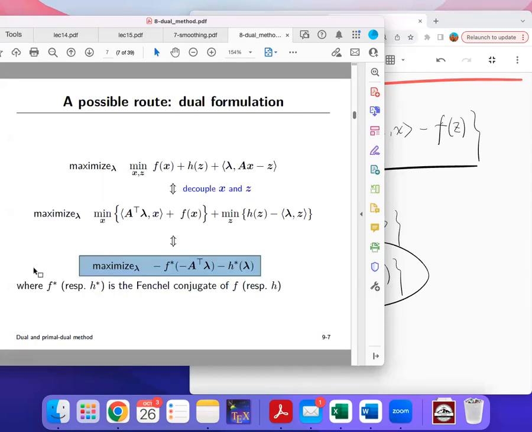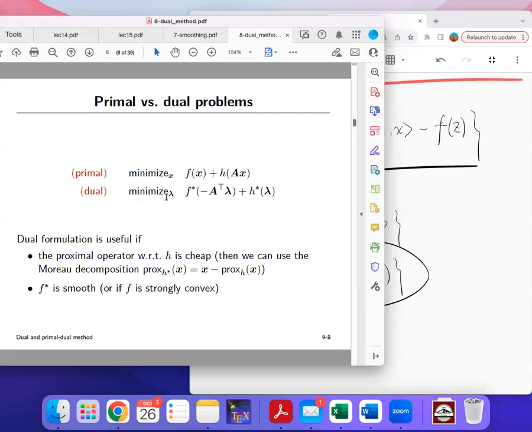Here, because this is a maximization of negative f star minus h star, we can pull the negative sign out and instead consider minimization. That's why we have this minimization over lambda here. So this is the dual form of this primal problem.